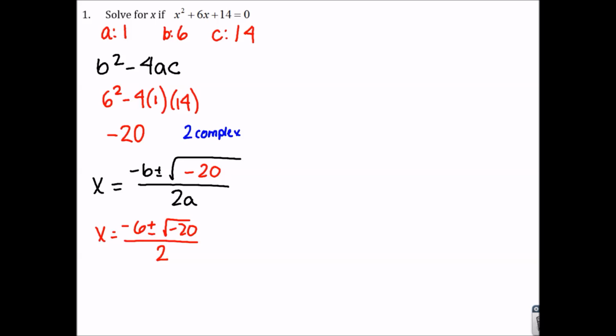So I'm going to do some work off to the side. If we have square root of negative 20, I know that the largest perfect square that is a factor of 20 is 4, so I can break this up into square root of 4 times square root of 5 times square root of negative 1. Square root of 4 is 2.